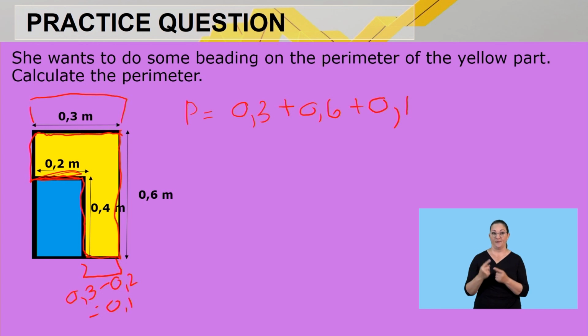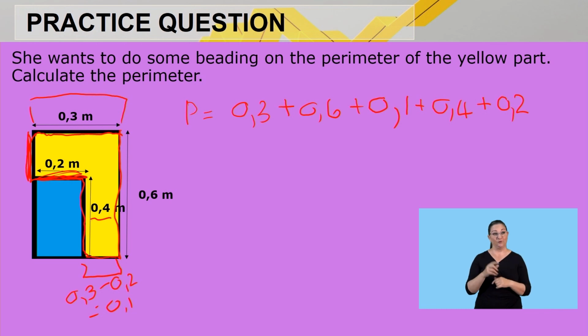Then we go up, it's given as 0,4. Then we go to this part. It's already so scratched, but I hope you're following. Plus 0,2. And then the second last part, again, there's nothing given.